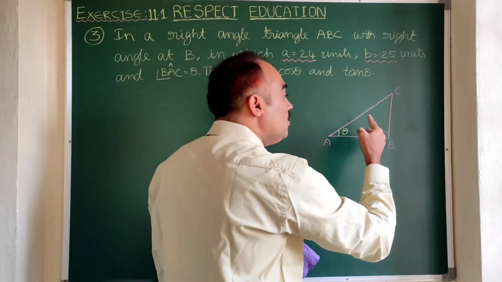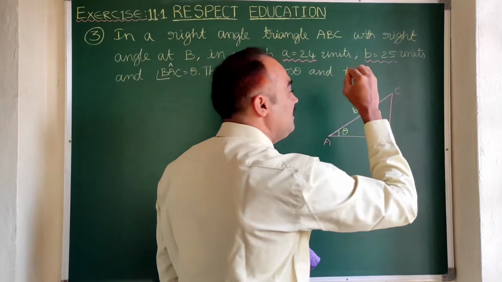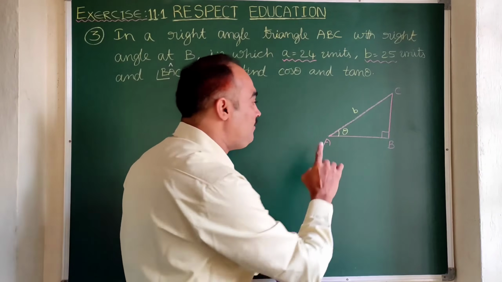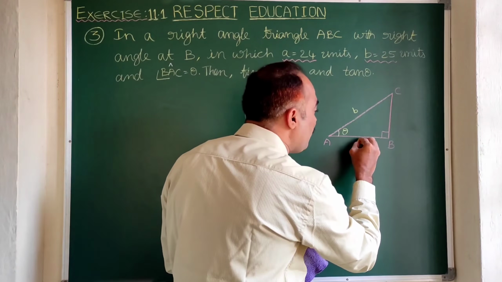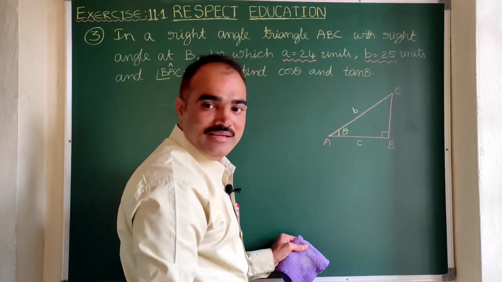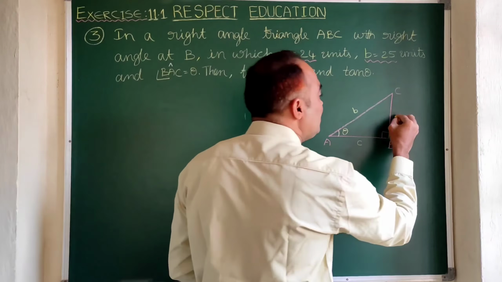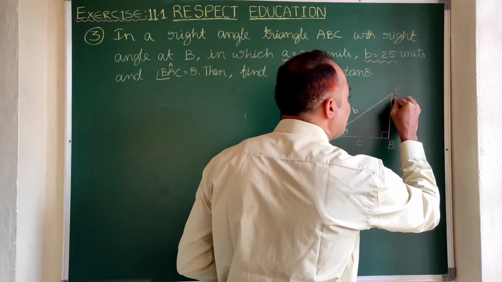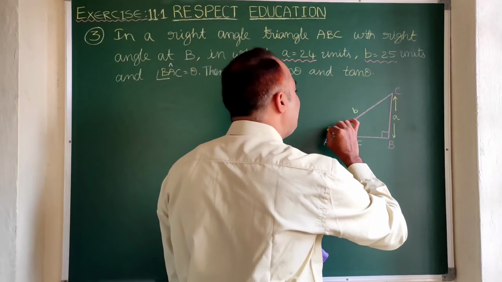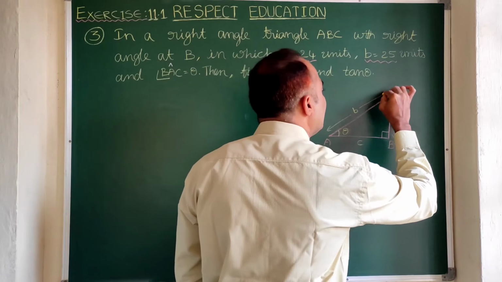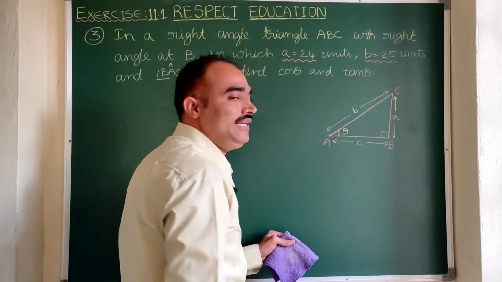B. So whom I left can be taken as small b. If I take A and B, whom did I leave? C. So this can be taken as small c. If I take B and C, whom did I leave? A. So this is small a. That means the length of the side BC is small a, the length of the side AC is small b and the length of the side AB is small c units.